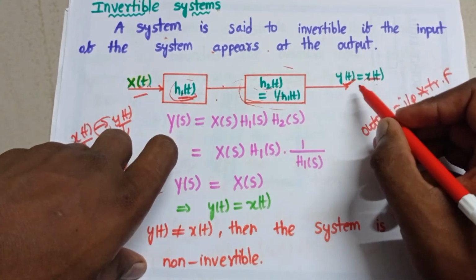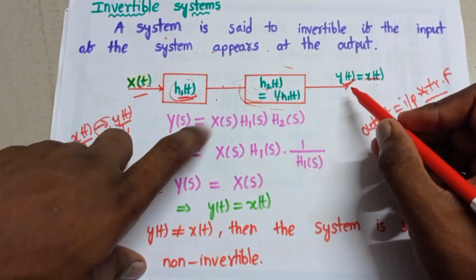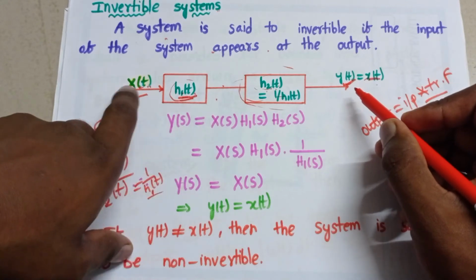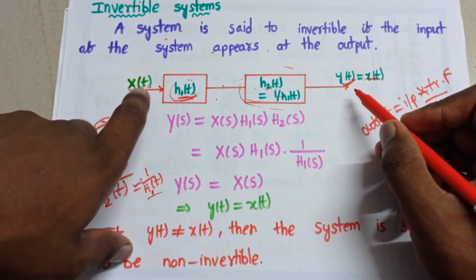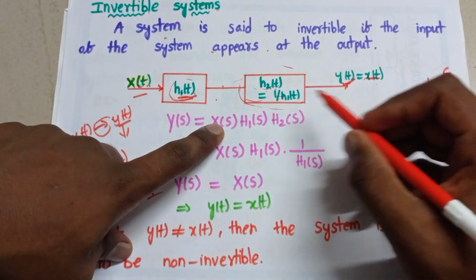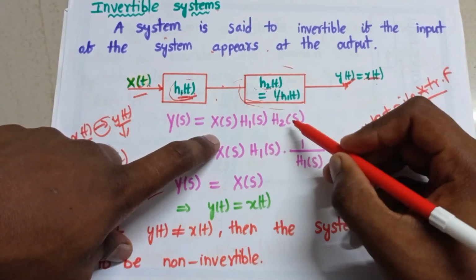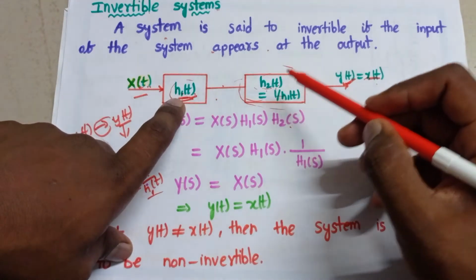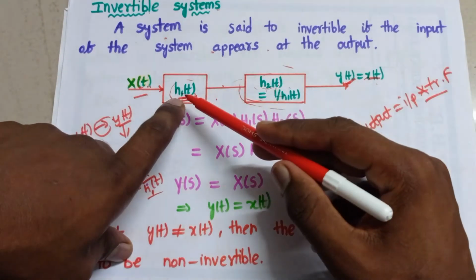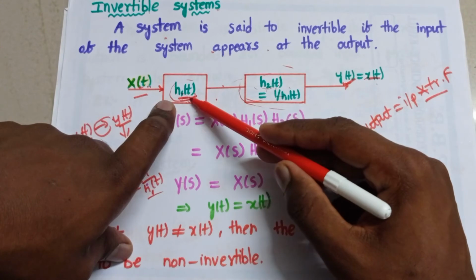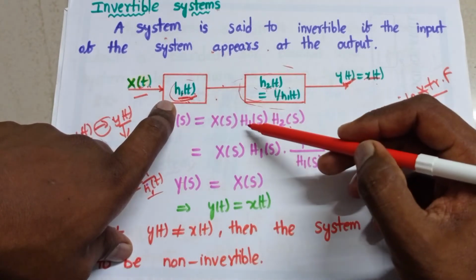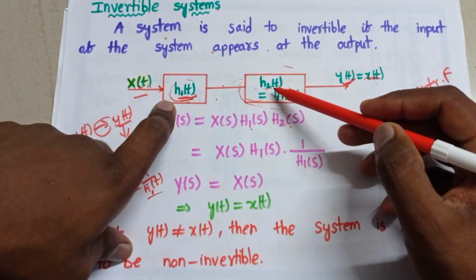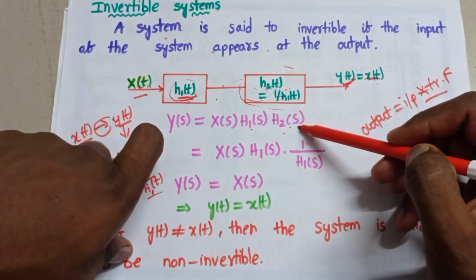Here the output is y of s, equal to input x of s into h1 of s and h2 of s. We have two transfer functions, h1 of t and h2 of t. The equivalent representation of h1 of t in the s domain is h1 of s, and that of h2 of t is h2 of s.